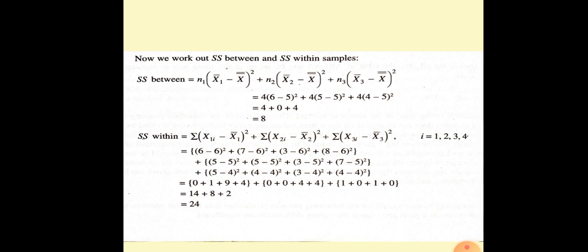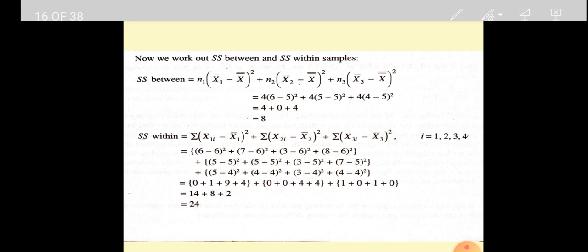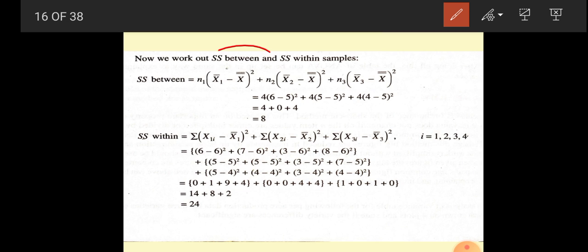Next we have to find SS between, that is the sum of squares between, and the sum of squares within samples. For SS between, the formula is n1 (x1 bar minus x double bar) whole square, plus n2 (x2 bar minus x double bar) whole square, plus n3 (x3 bar minus x double bar) whole square. You can go to the previous slide to see the formula.